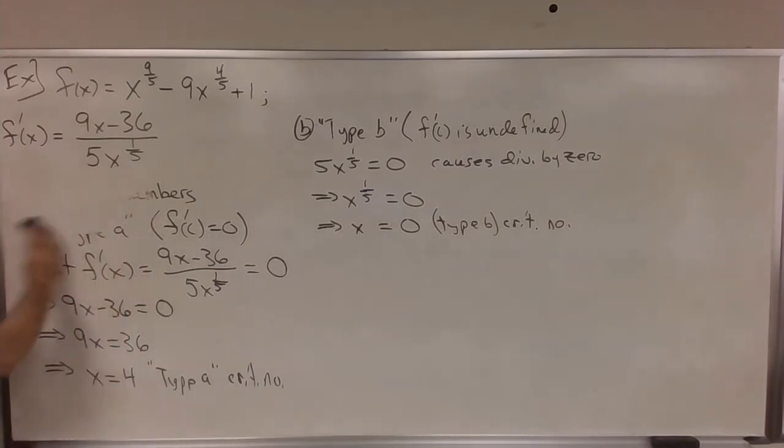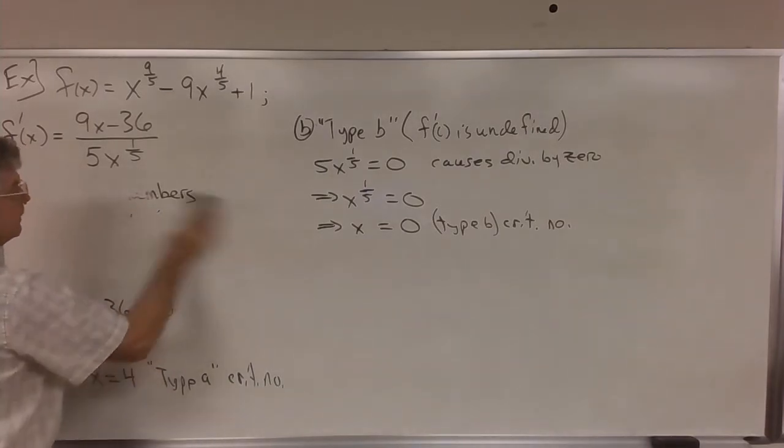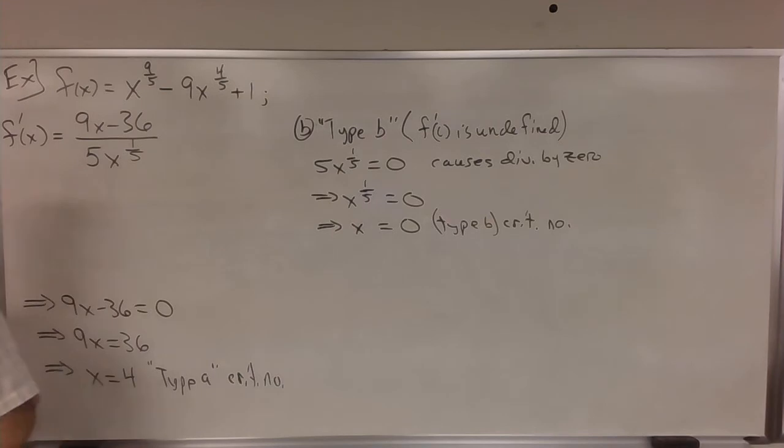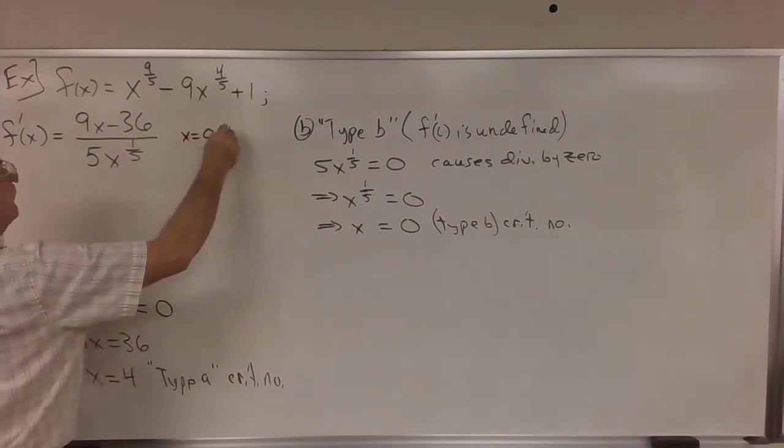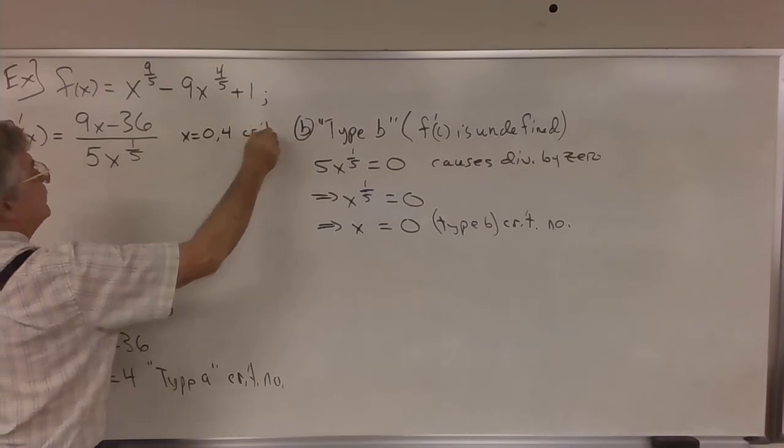Okay, let's put all of our information together here. So x equals 0 and x equals 4 are the critical numbers.